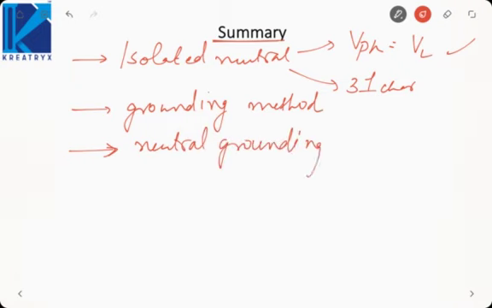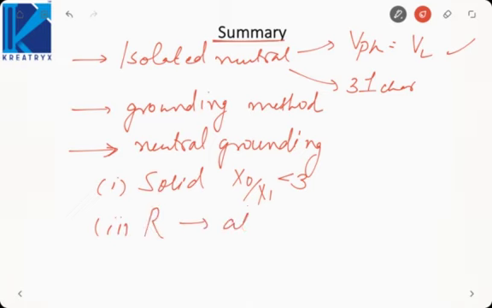We first saw solid grounding, which will be used if X0 by X1 is less than 3. Then we saw resistance grounding, which is used in alternators to improve the stability, and it is used where I charging is small. Then we saw reactance grounding.